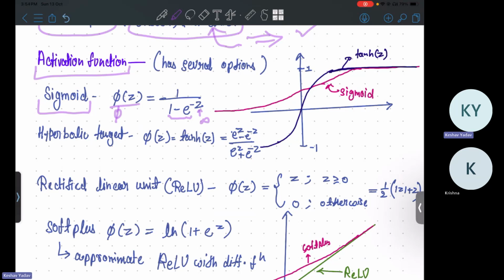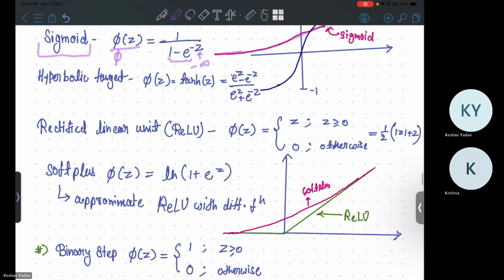So it goes to 1. If you put minus infinity, it will go to 0. So sigmoid varies from 0 to 1. It goes to 0 when z is minus infinity, and it goes to 1 when z is infinity.